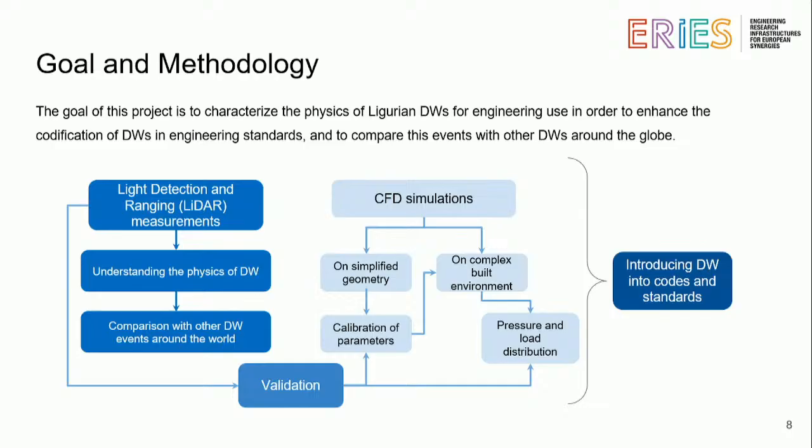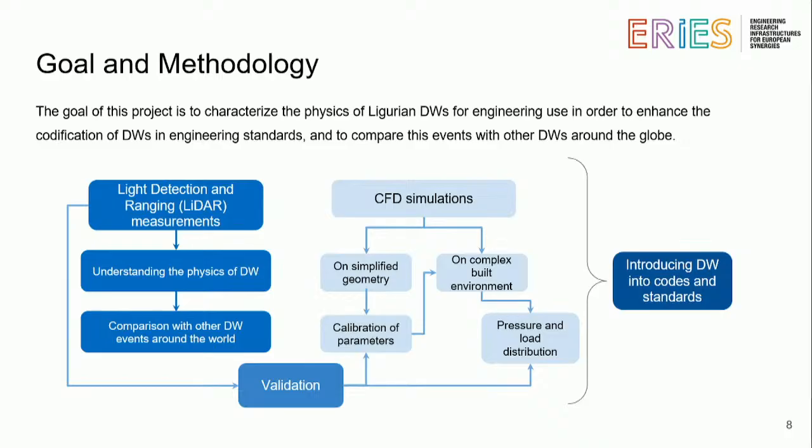So how are we going to manage that? We have LiDAR measurements, which will primarily help us understand the physics of downslope winds. And these LiDAR measurements will be used for validation of CFD simulations. CFD simulations are my PhD project, my primary work. So I'm currently working on simplified geometry.